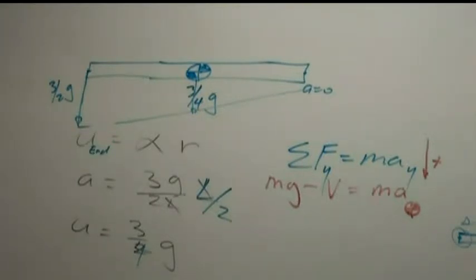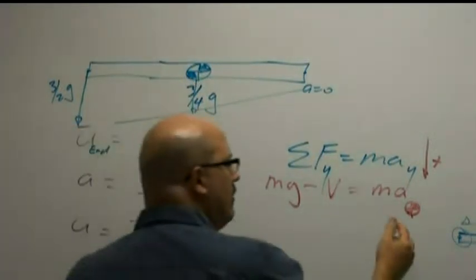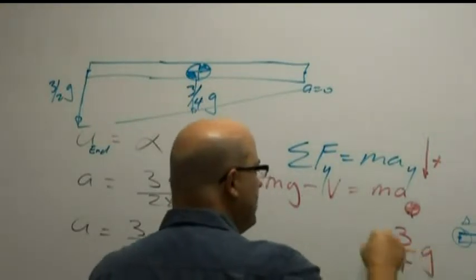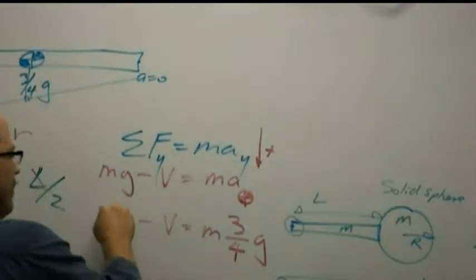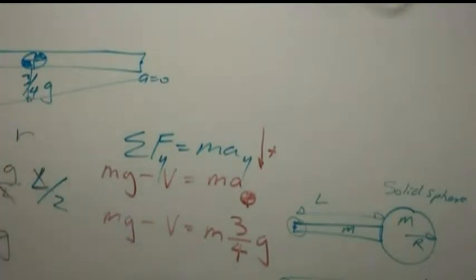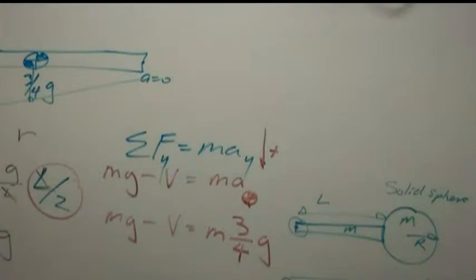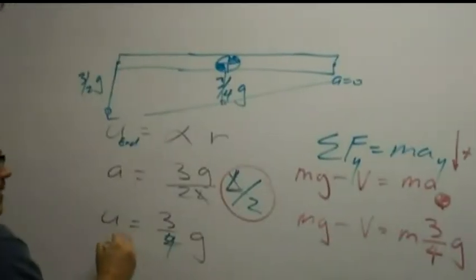Is it 3/2? No, it's 3/4. So I put 3/4 g in here. I need to put in the center of mass acceleration.